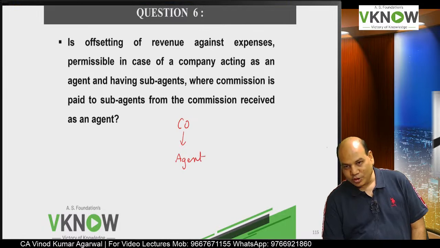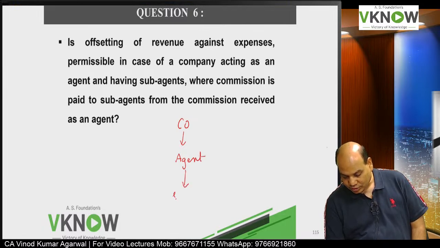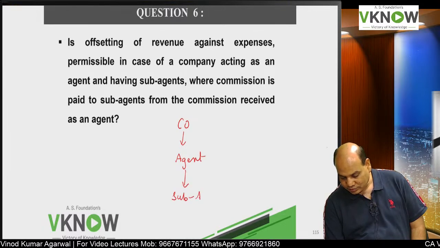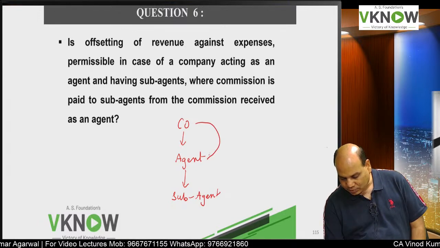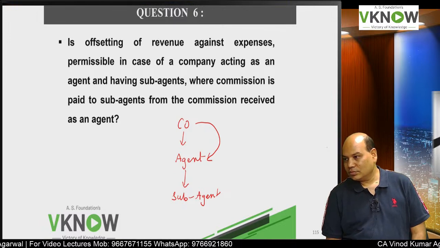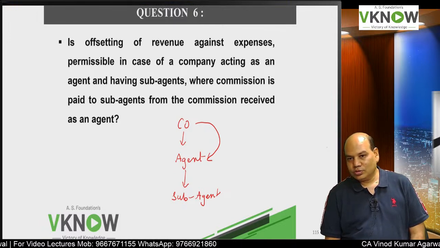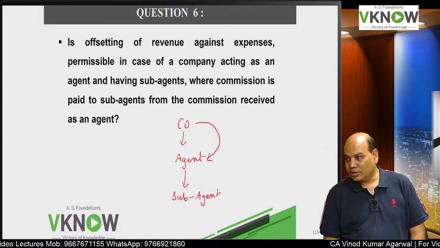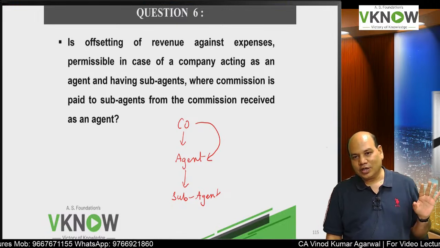Your company has appointed an agent and the agent has appointed a sub-agent. The company will pay commission to the agent. It is like when you book a private cab. There are a lot of agencies involved. He will say, yes sir, I will deliver you the car.